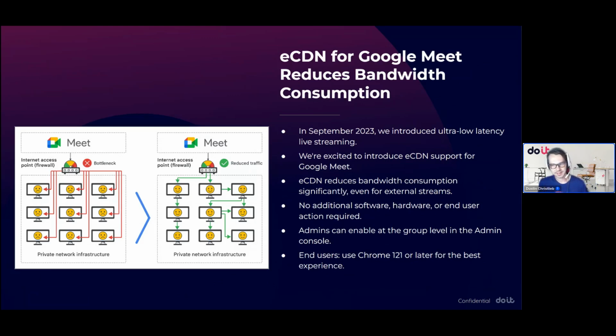With no additional software or hardware or end user actions, admins can enable the group at an admin console level, and essentially it reduces traffic at the firewall level by distributing content from one Meet hardware device to another, all from one central location, when they are all together behind a firewall. So instead of concurrent streams, they can essentially do fewer streams and then distribute that content between themselves.